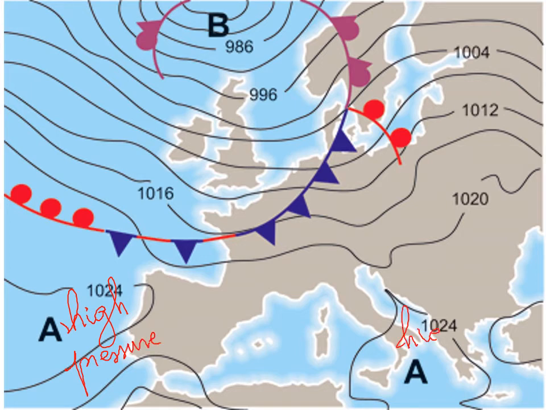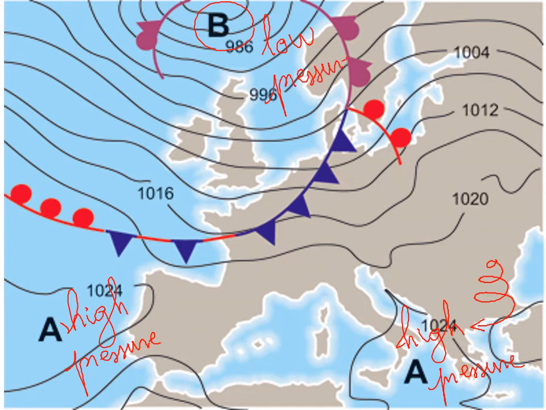What does high pressure mean? That the air is going down in the movement of a clock. The B will mean the opposite, low pressure, and it means that it goes up in the opposite sense to a clock.